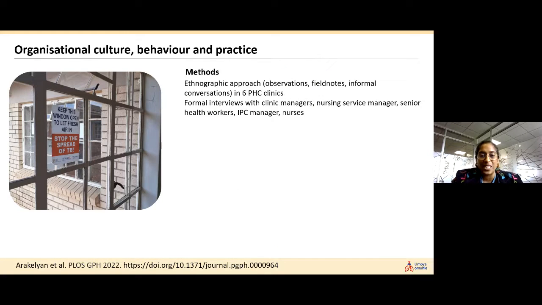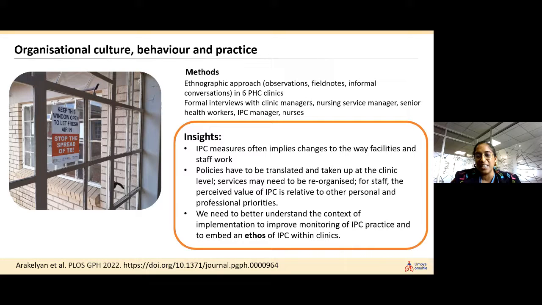Our findings on organizational culture, behavior, and practice were based on an ethnographic approach, so observations, field notes, and informal conversations in 6 primary healthcare clinics, and formal interviews with clinic managers, nursing staff, and IPC managers.